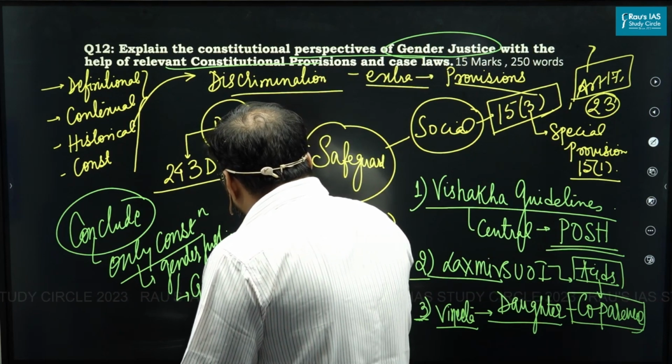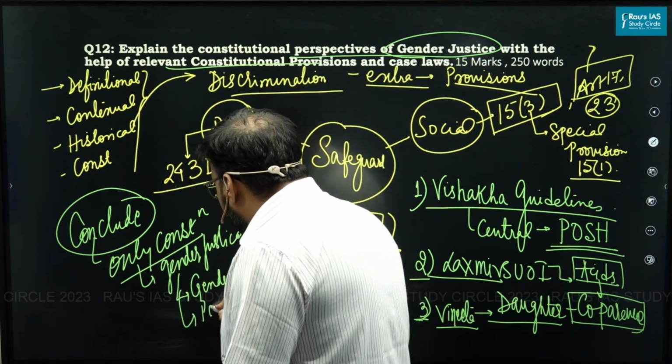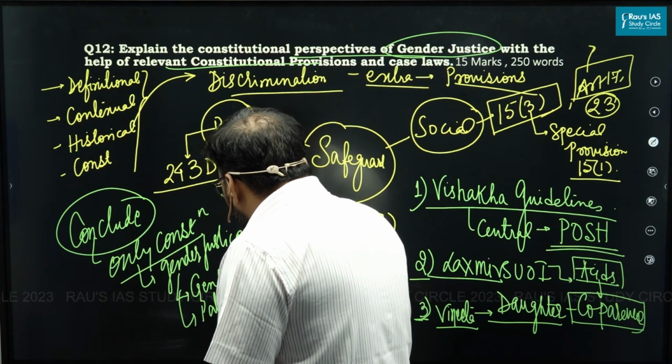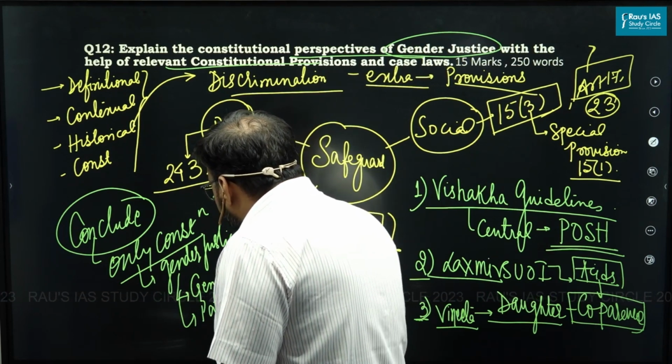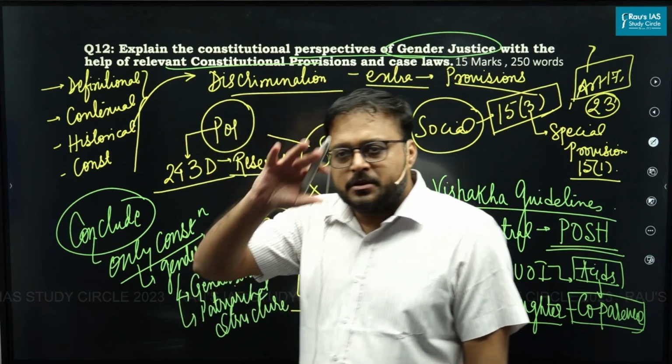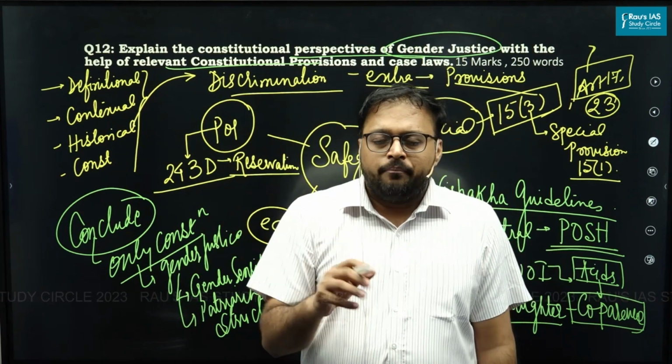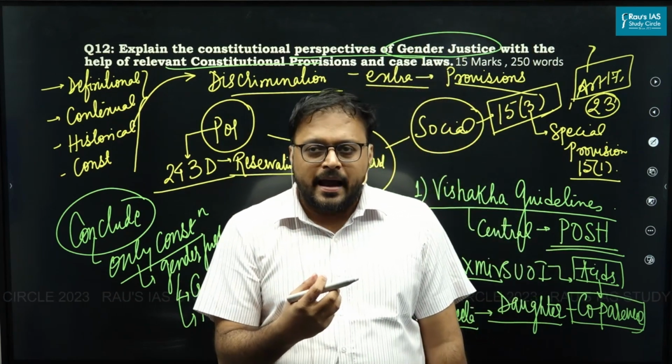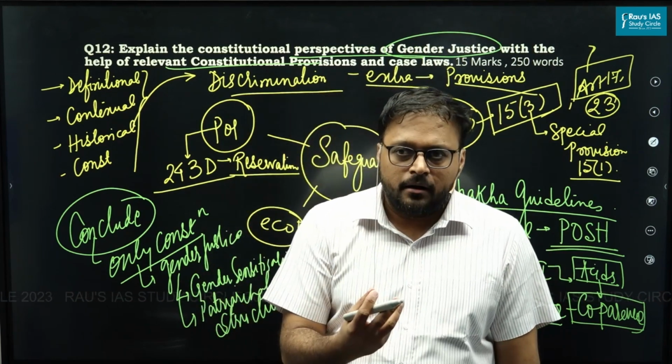What we need is to break down the patriarchal structure. So in the conclusion you can provide a larger perspective to this question, that is, how gender justice can be achieved in the state.